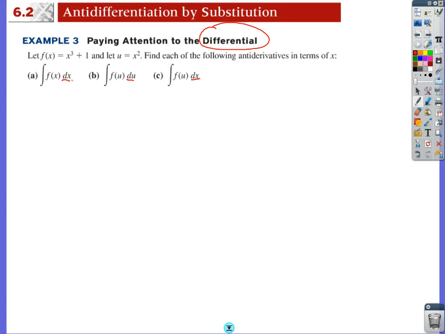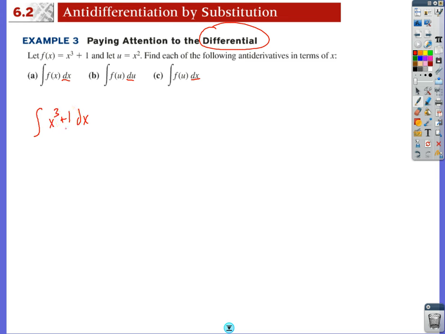The first one says the integral of, or the antiderivative of, just plain old f of x dx. So, here we go. It's the integral of x cubed plus 1 dx. I match up. Does my differential match up to here? Yes.